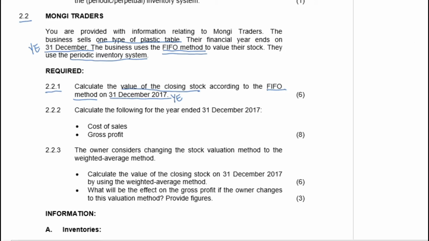When we calculate the value of the closing stock according to the FIFO method, we use the cost price per unit of the stock which was purchased last by the company. In other words, we assume that our closing stock units come from the stock that was purchased last by the company.